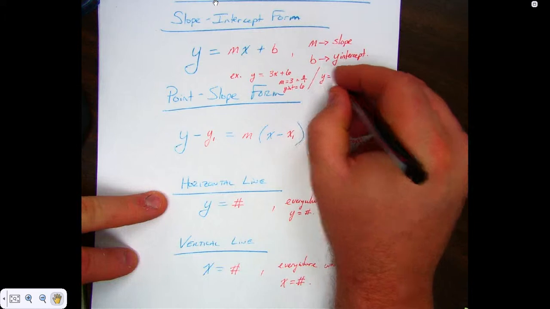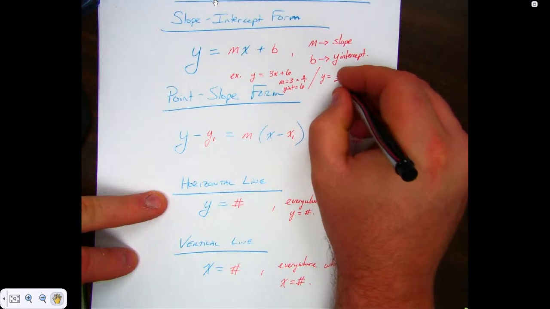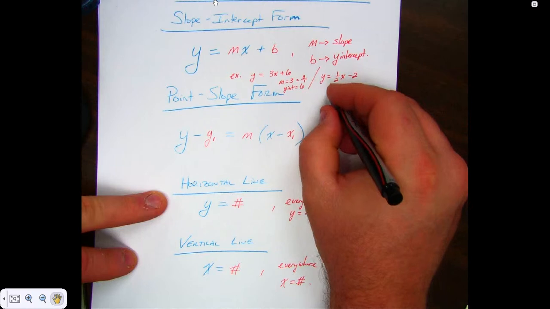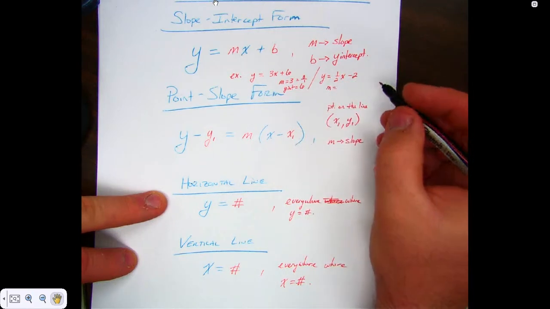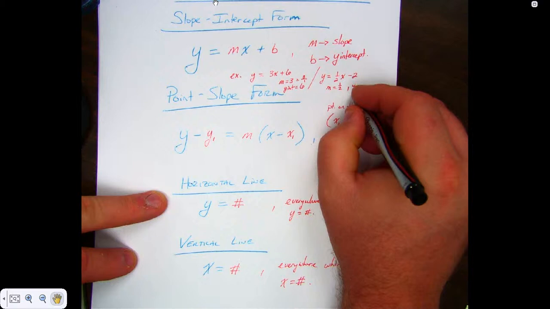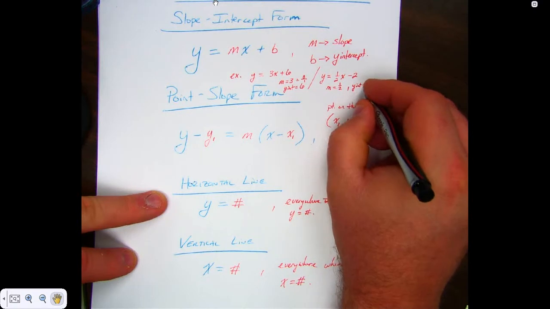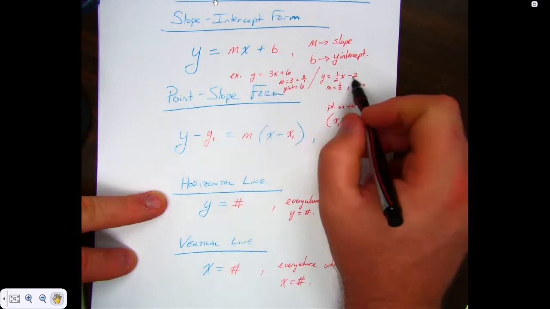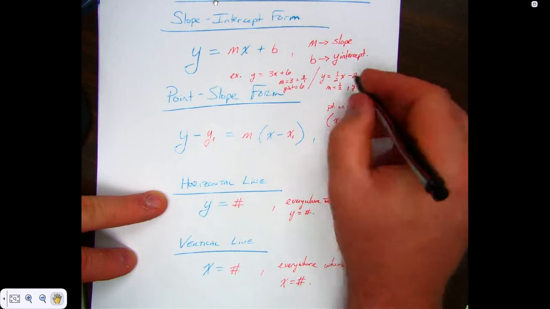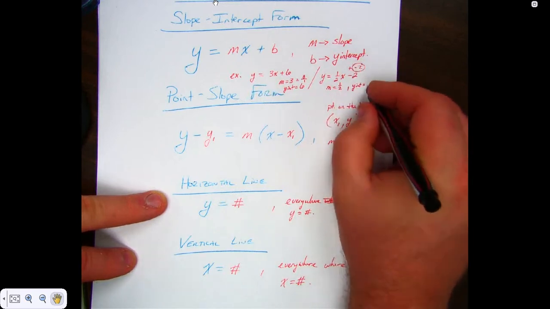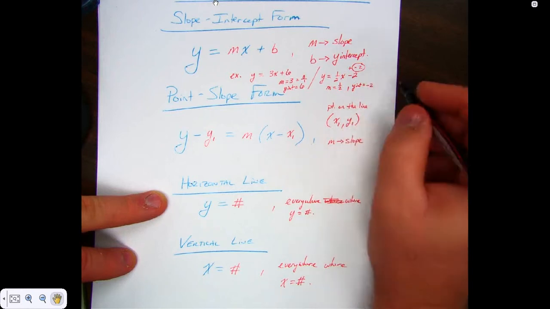How about y is equal to 1/2 x minus 2? In this case, what is my slope? What's my y-intercept? Now look what's different here. Instead of a plus, it's a what? So you could think of this as plus a negative 2, couldn't you? Making your y-intercept to be what? Negative 2.